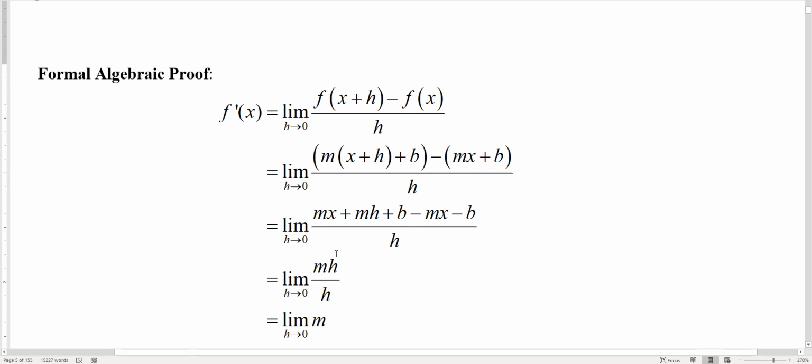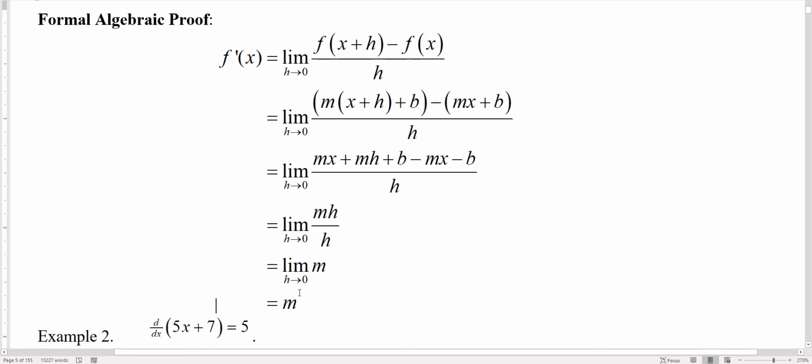So we can cancel these h's out, and we see that this is equivalent to just the constant m, and if you take the limit of that as h goes to 0, you get m. So the derivative is a constant function, m. Applying that to a real example, the derivative of 5x plus 7 is 5. Pretty easy to do, right?